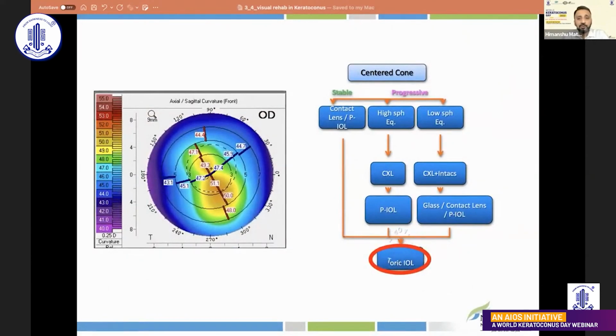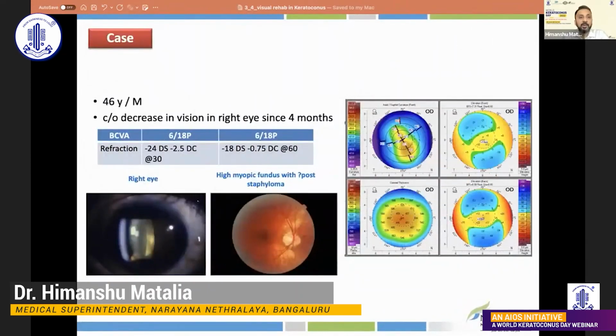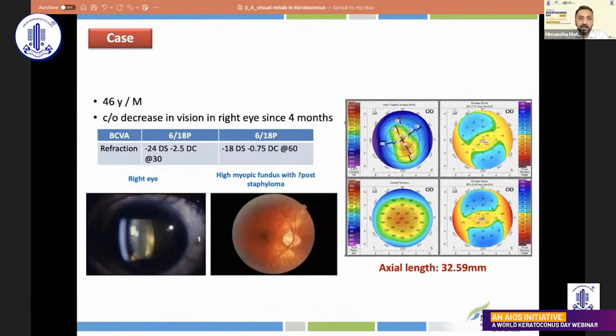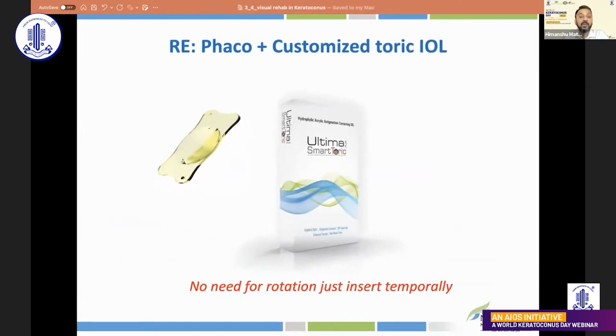We can also use toric IOL in advanced cones or central cones, which are relatively stable or which are in a later age group, as Dr. Tityal was showing, that in the later age group it does not progress much. One such case is a relatively young male who had very high myopia with keratoconus and required cataract surgery.